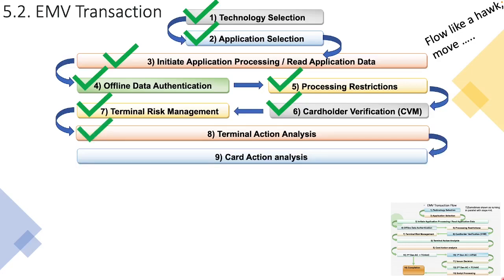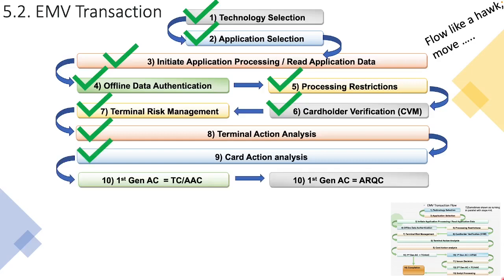It then supplies this to the card in step 9, which is card action analysis, and the card takes the terminal's input, as well as performs its own card risk management to complete the card action analysis step, where it formulates an end result for the transaction at this point, right?